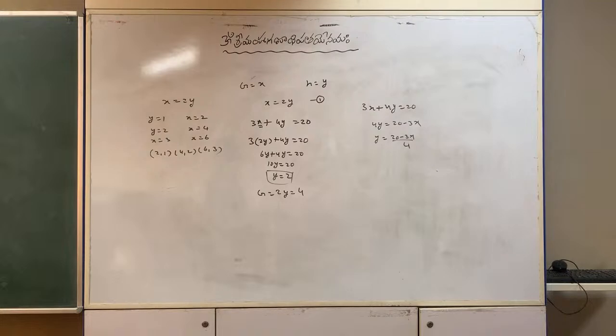Can anyone online tell me what we call that process? The given equation is 3x plus 4y is equal to 20 and I wrote it as y is equal to 20 minus 3x by 4. What do we call this process? Okay, no answers from online either.